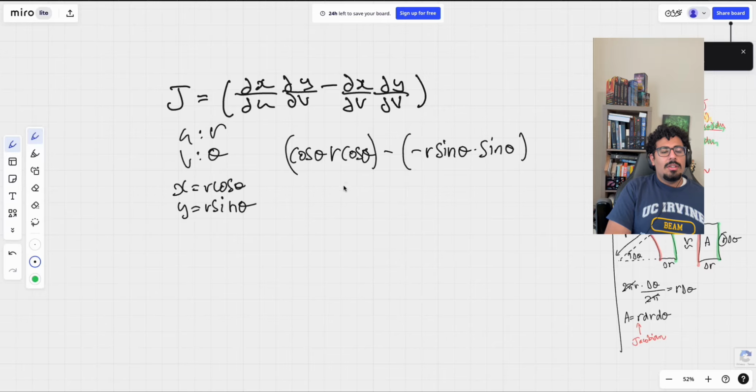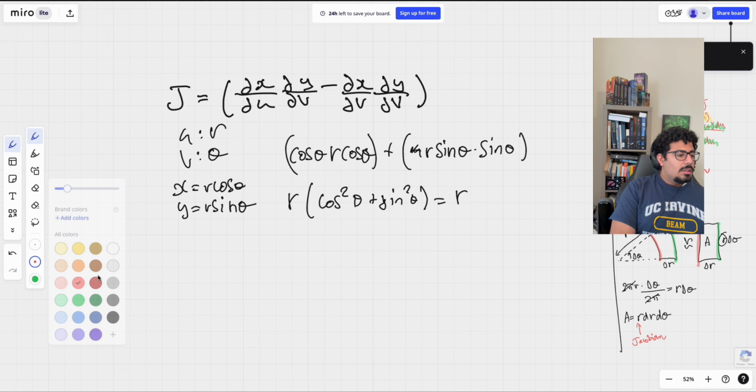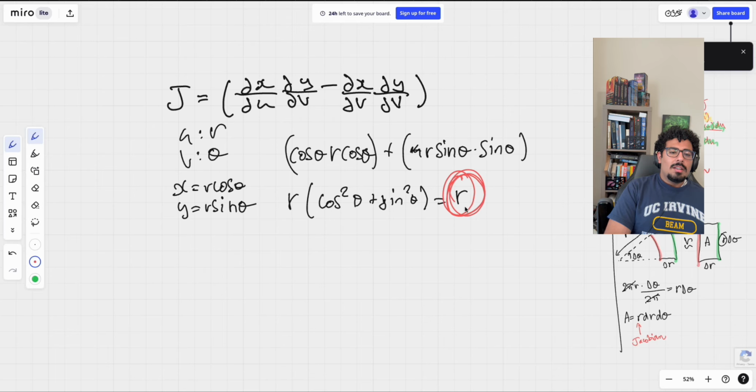And then you can see how this just factors out the r and then distributes the negative sign. We have cosine squared theta plus sine squared theta, and that just becomes r. So now we've calculated concretely what the Jacobian of polar coordinates is.